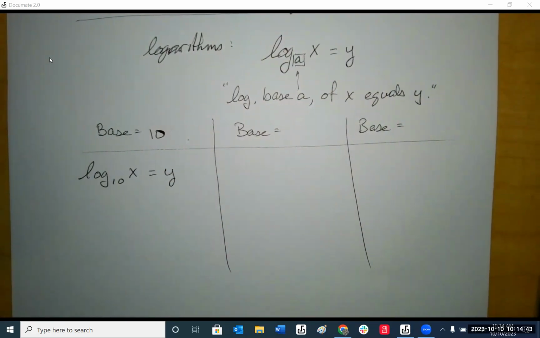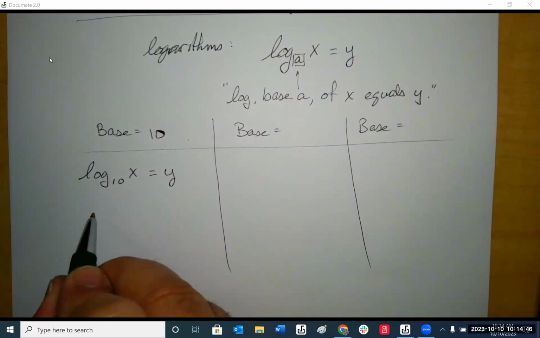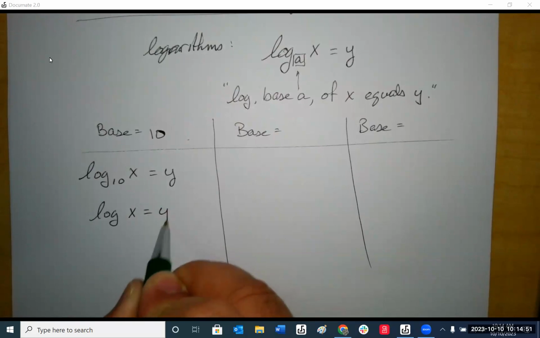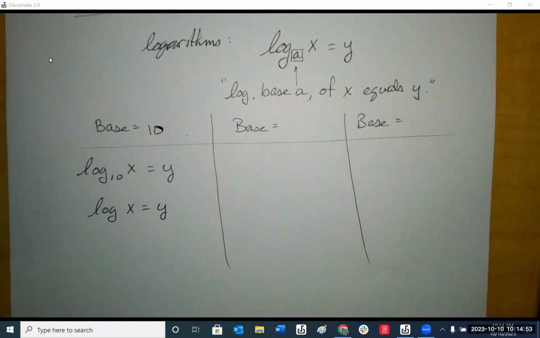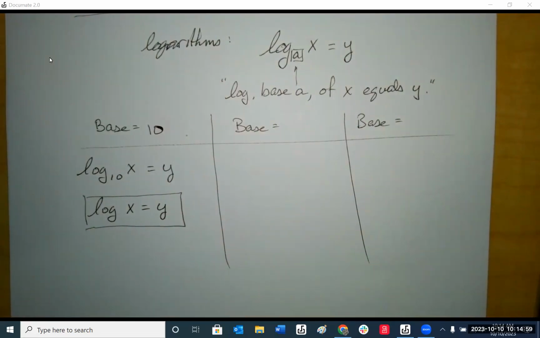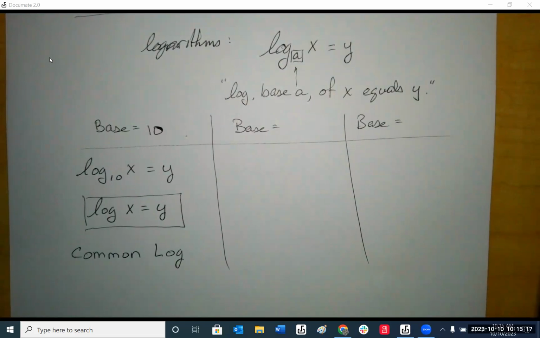So if you have a log base 10, you would represent it like that. If you don't see a base there, it's automatically a 10. This is called a common log because it's of our numeric system.